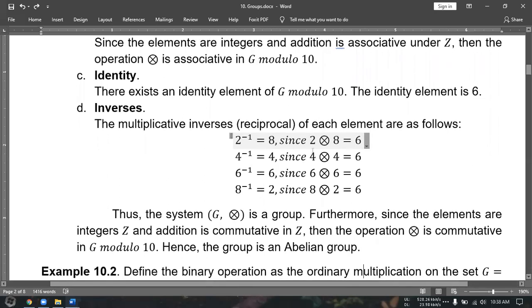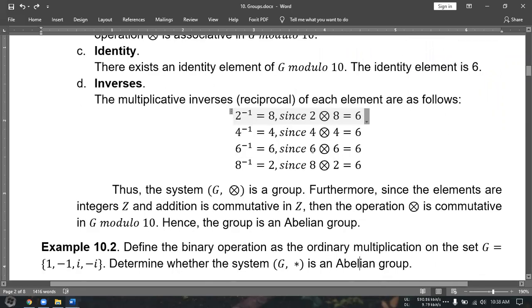Okay, more example tayo. The first example involves arithmetic modulo. The second example this time involves complex numbers, so different systems.